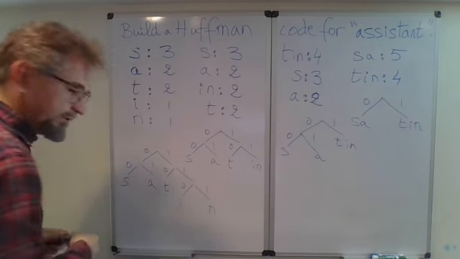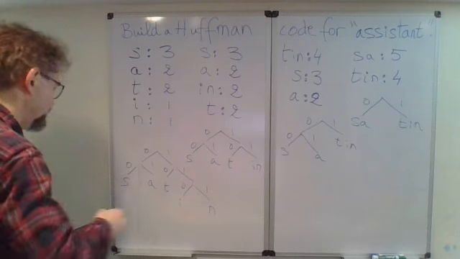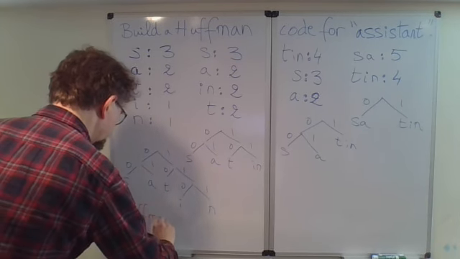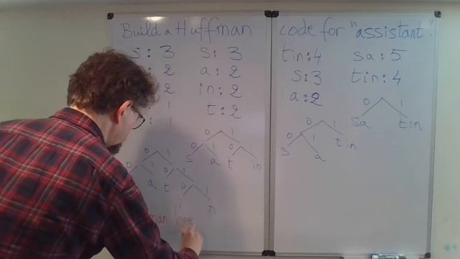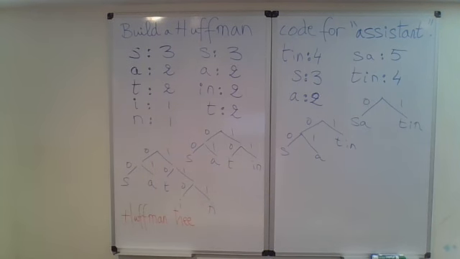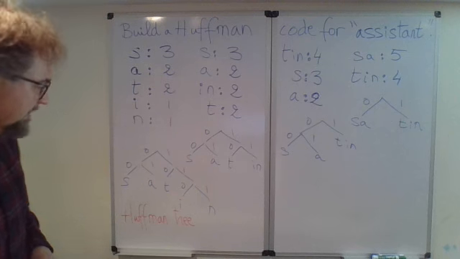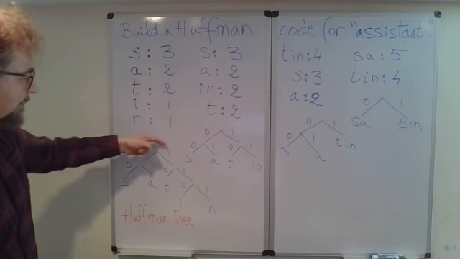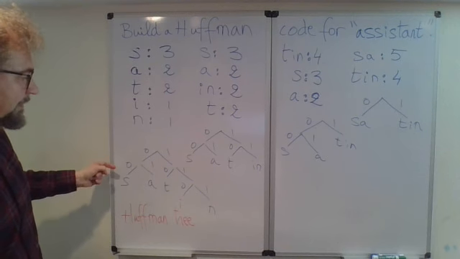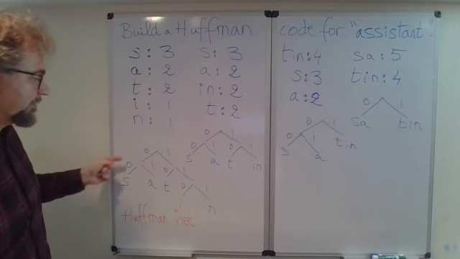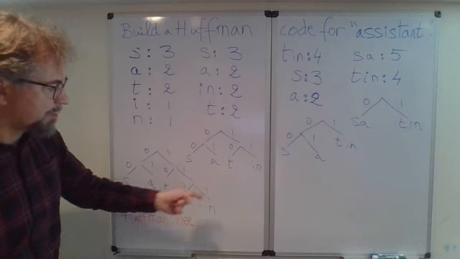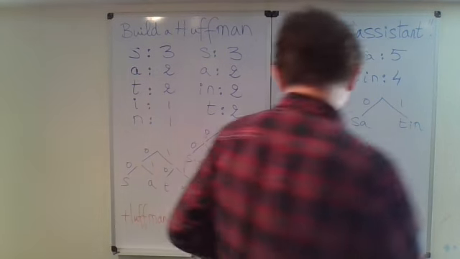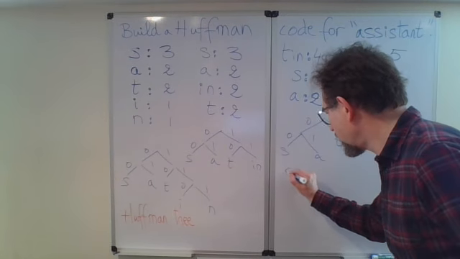So this gives us the Huffman tree. So the Huffman tree is a binary tree where the leaves are the characters in our message. When we go left in the tree, we will remember to write a 0. When we go right, we will remember to write a 1. So the Huffman code is now summarized as follows.